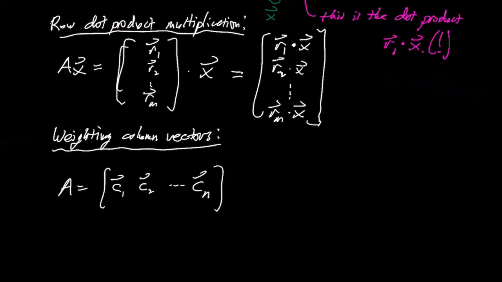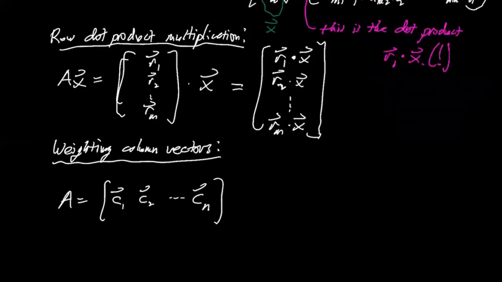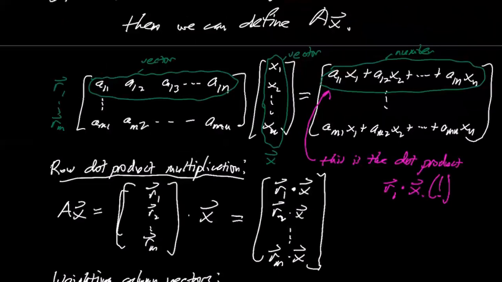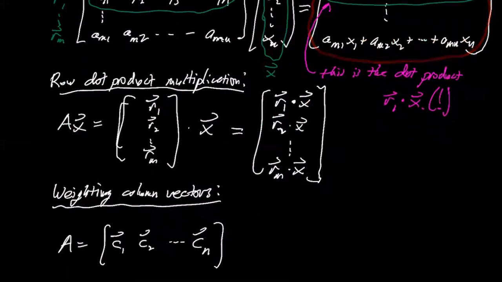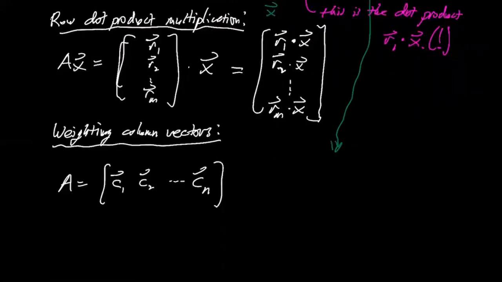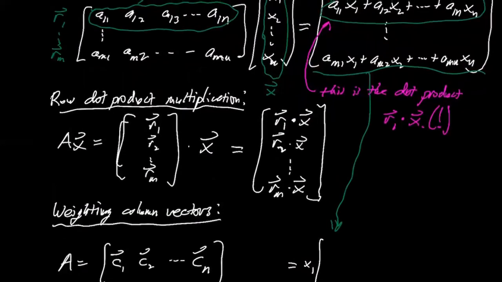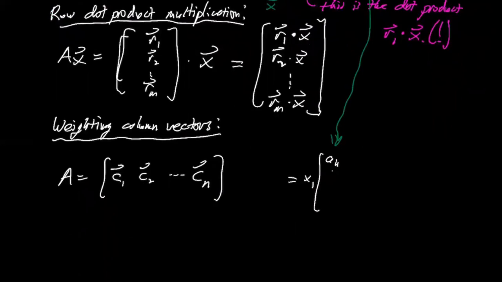We've already seen this: we can rewrite the expression as x1 times the column vector a11, a21 through am1, plus x2 times a12, a22 through am2, plus dot dot dot plus xn times a1n, a2n through amn.